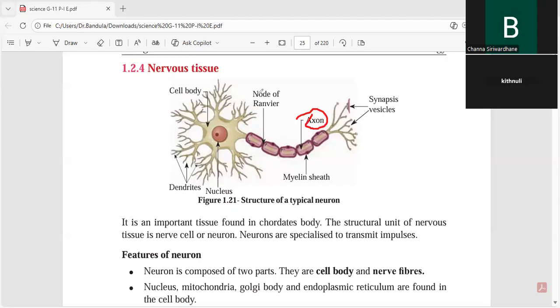You can see this axon in brown color inside these myelin sheaths. These myelin sheaths are made from a lipid component, right?